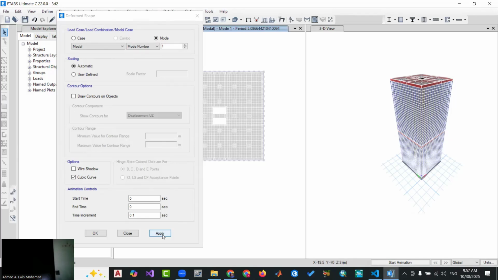What's the meaning of 3 seconds? It means this one can go this way and go that way and return to the same place in 3 seconds. And for example, for this one, which is very complicated, T equals 0.001, so it will be very fast.